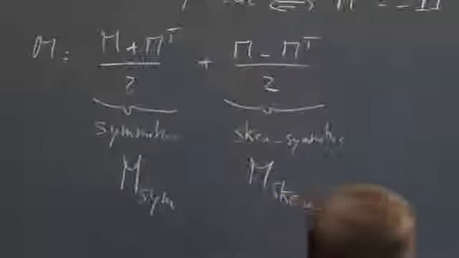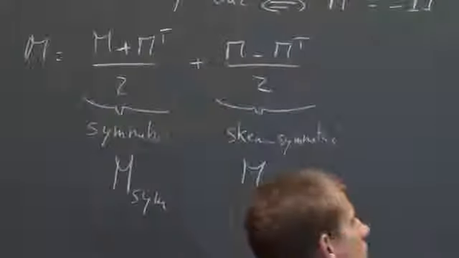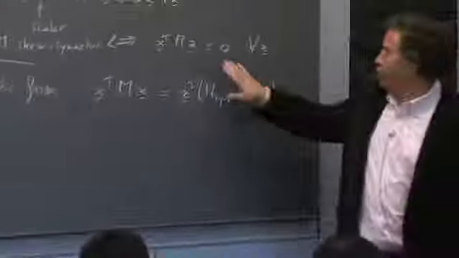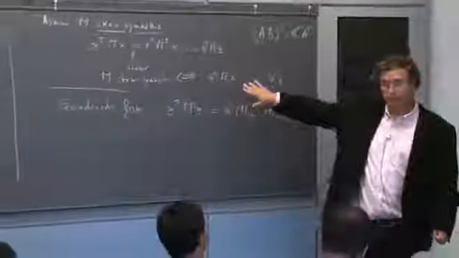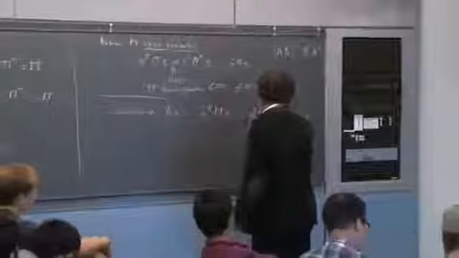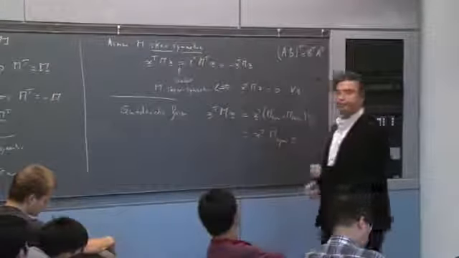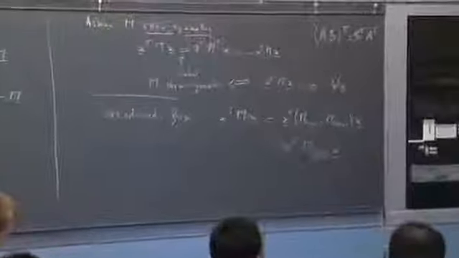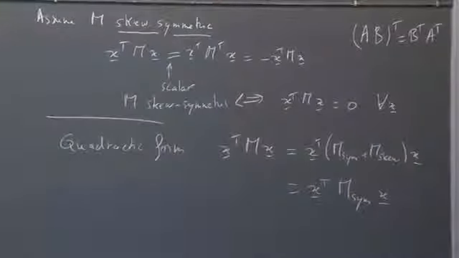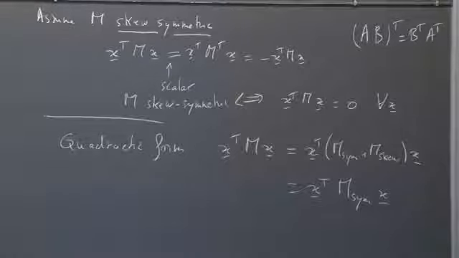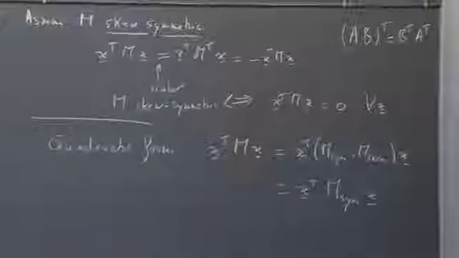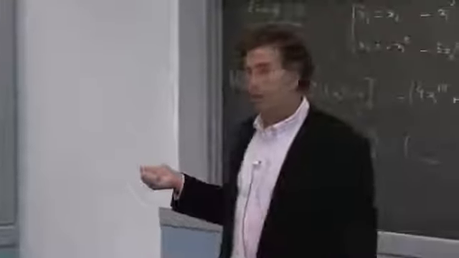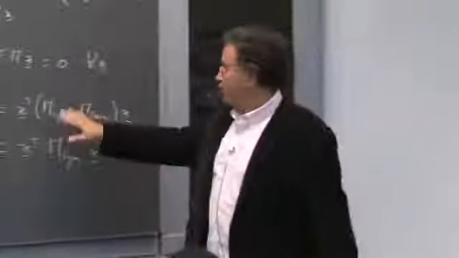So it's x transpose (M sym plus M skew) times x. And we know that the M skew part will give us 0. So it just gives us x transpose, the symmetric part, times x. So if you have an arbitrary square matrix M and compute x transpose Mx for an arbitrary x, it's the same thing as computing x transpose times the symmetric part of M times x. Only the symmetric part matters.